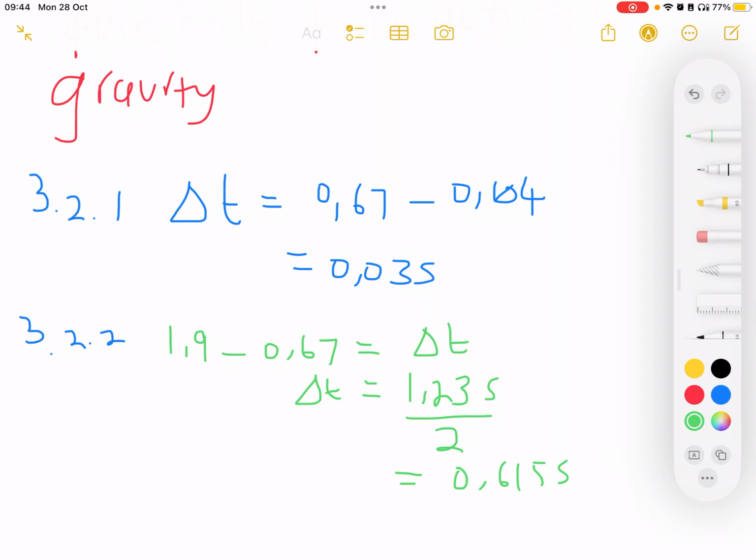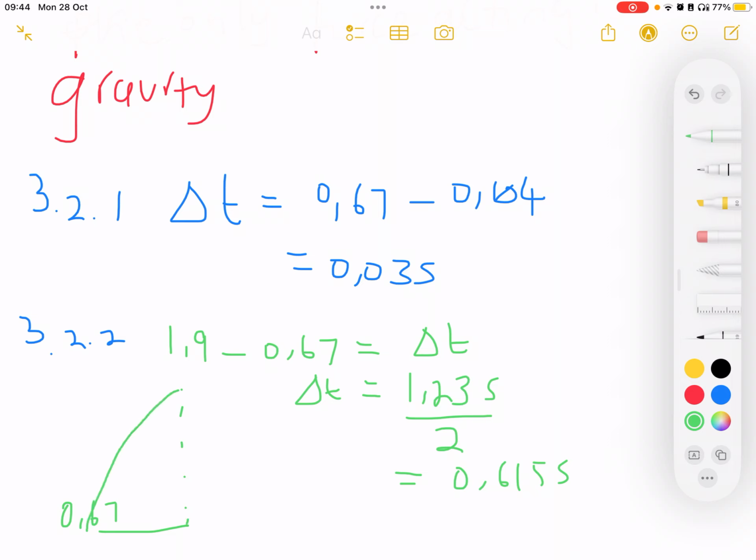it looks as if we moved from 0.67, then we moved 0.615 to get to maximum.